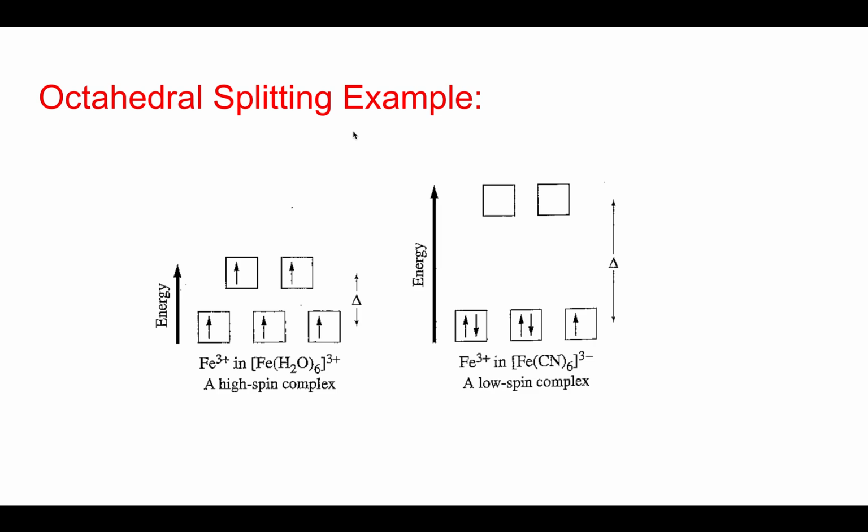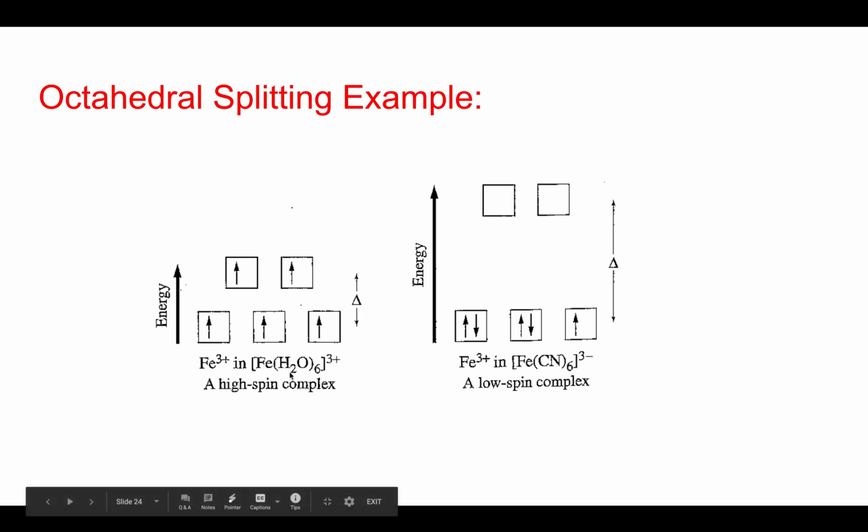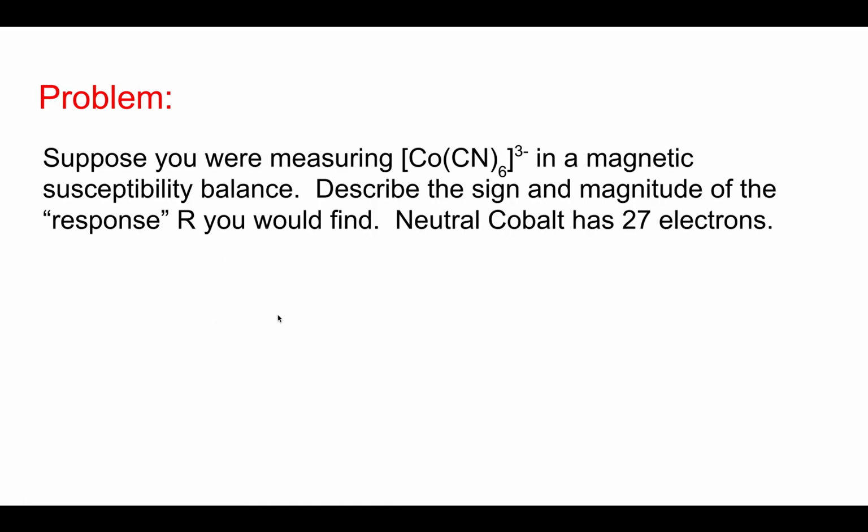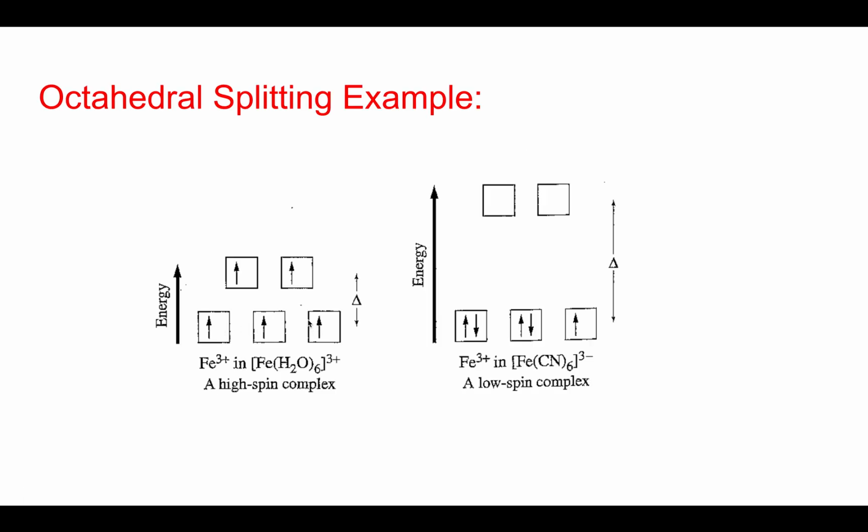So just in terms of a diagram for you, again, summarizing, if we have something like a d6, this would actually be a d5 complex. If we have a d5 complex with a weak field ligand, let's say water molecules, then we would fill 1, 2, 3, 4, 5.